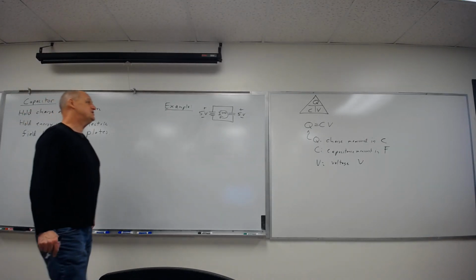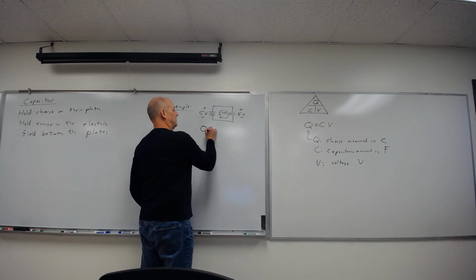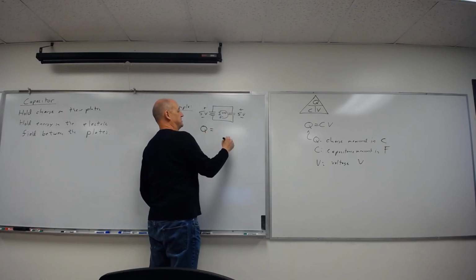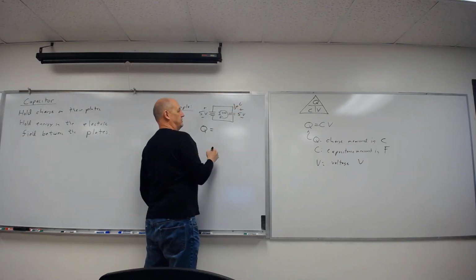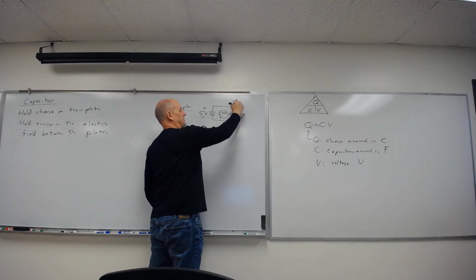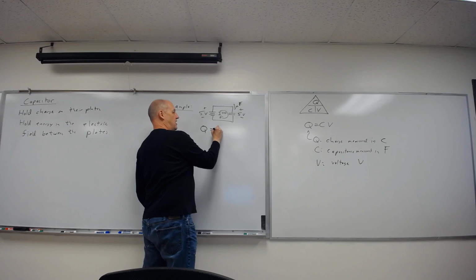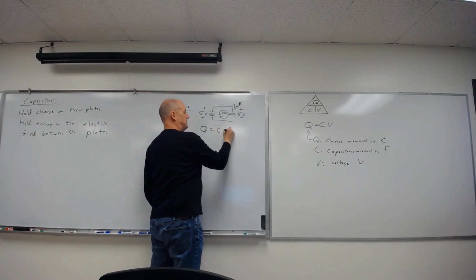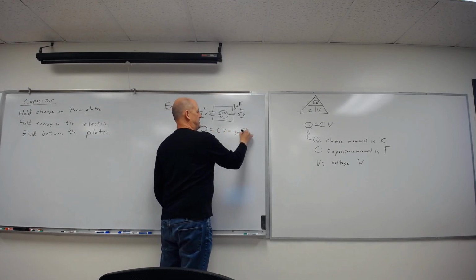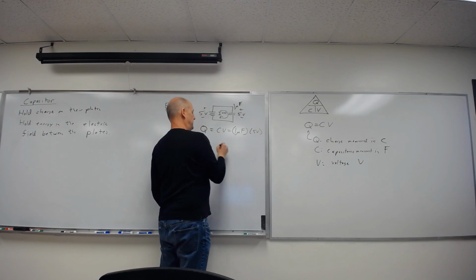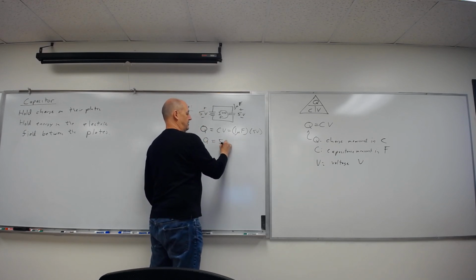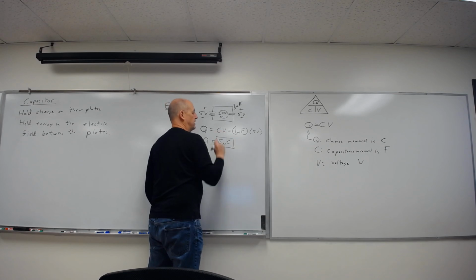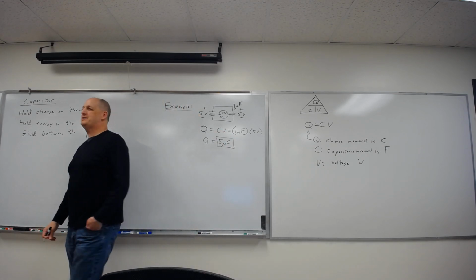So if I wanted to know the charge, Q, I would have to know the capacitance. Let's give ourselves a capacitance value. Let's make it easy. That's 1 microfarad. So I would take C times V, which is 1 microfarad times 5 volts. So there are 5 microcoulombs on the plates of that capacitor.